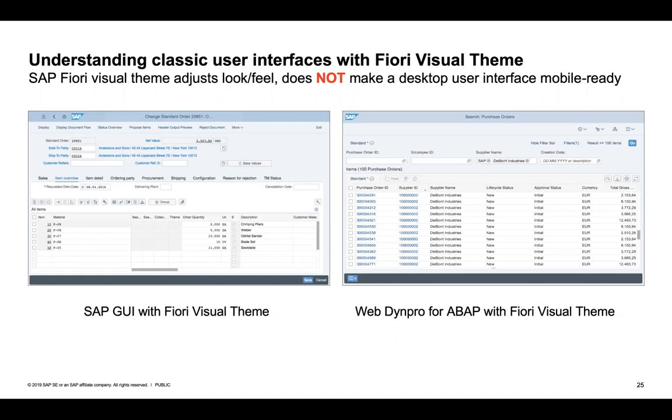And by the way, you can turn off the Fiori Visual Theme for classic user interfaces now. But the intention is to just make it easier so it feels more natural, same sorts of colors and fonts, doesn't feel like I've gone clunk into the old world. But it's not going to make a GUI transaction into a mobile-ready phone application, for instance.